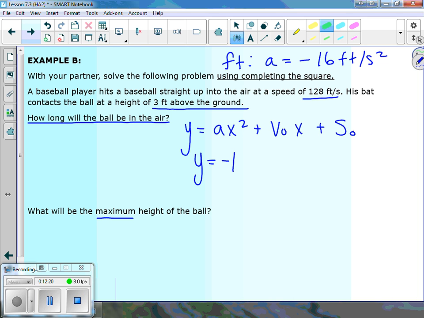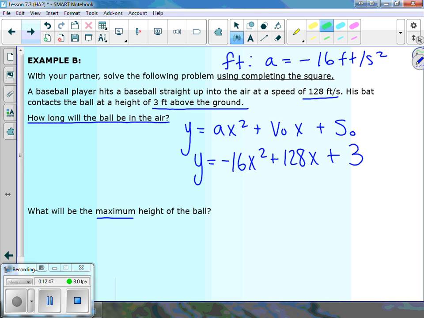Luckily, it's negative because projectiles always go up and then come back down. An initial velocity of 128 feet, initial height of 3. And so using the model that I just did, I would like you to complete the square to calculate the roots.